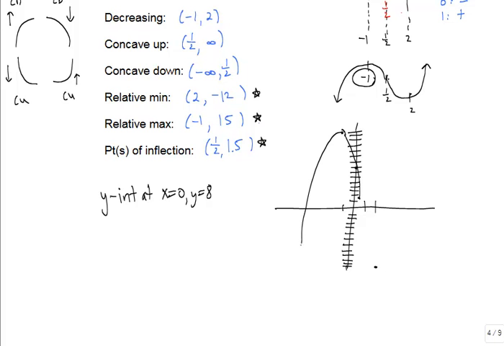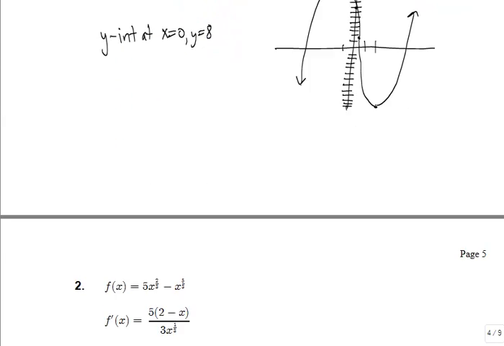And then after 1/2, I'm going to change to concave up until I hit that minimum at 2. So we want to go concave up until we hit our 2. And then after 2, we're going to finish that U shape and just go up from there. And then I can put my arrows on. And there's my graph. Okay? We'll practice this some more in just a little bit.